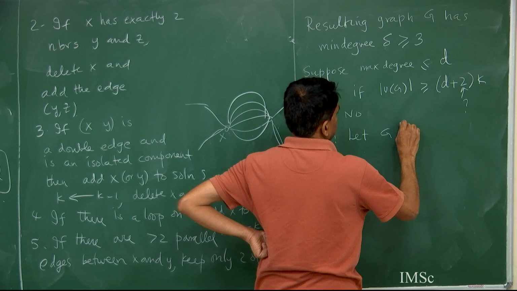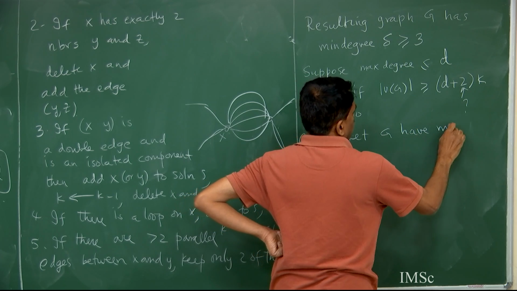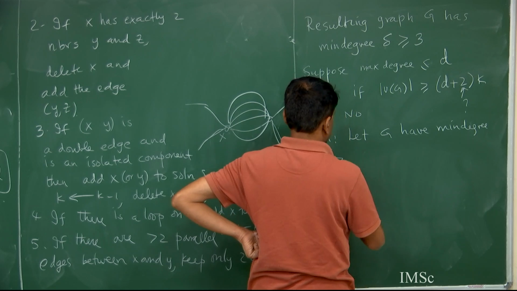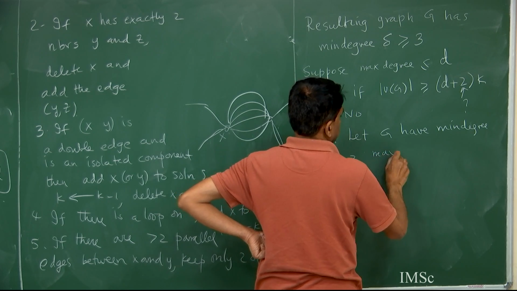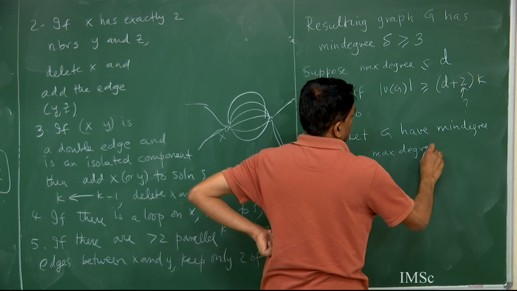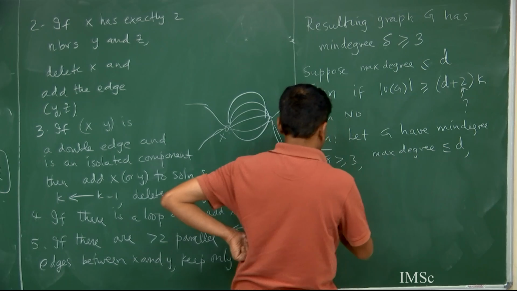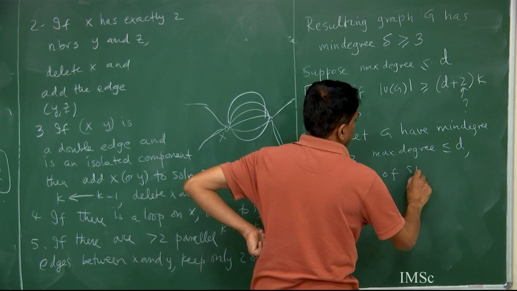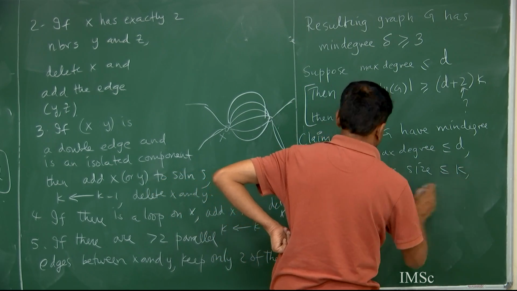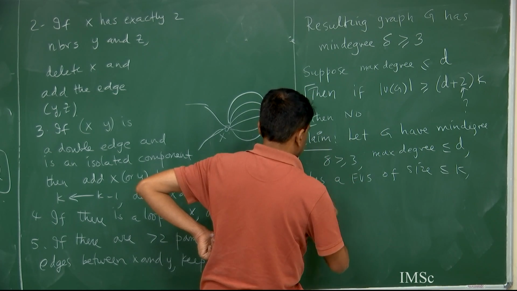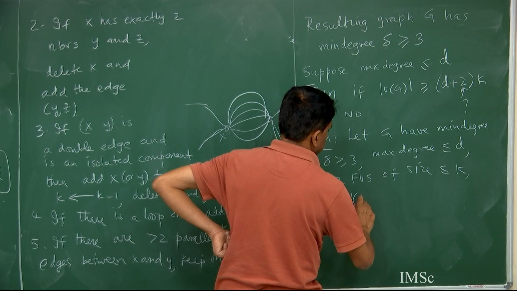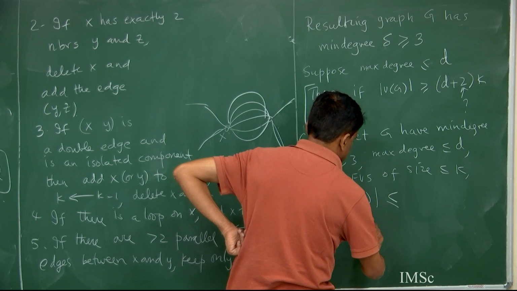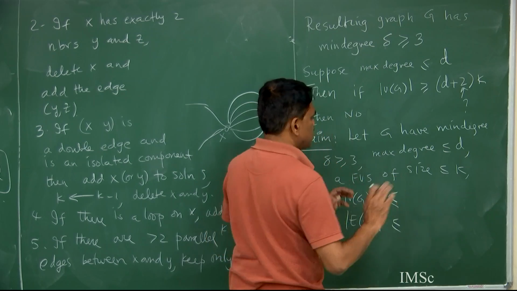Let G have minimum degree delta greater than or equal to 3, max degree at most d, and has a feedback vertex set of size at most k, then the number of vertices is at most some function of d and k.